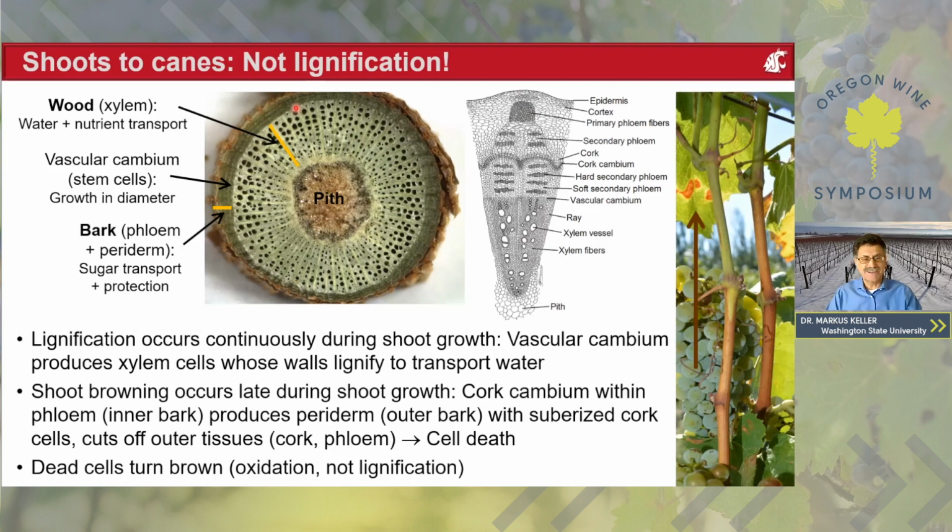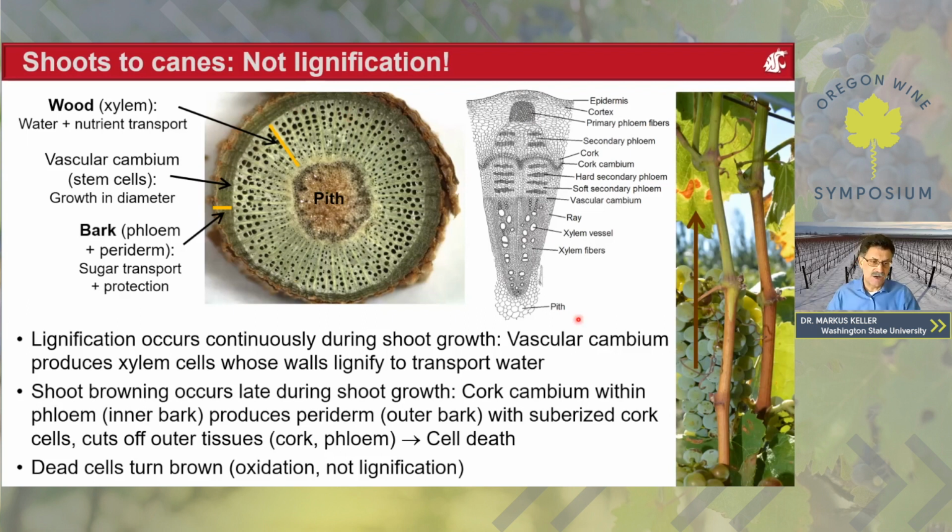So lignified xylem cells are dead cells that transport water. That means the lignification process starts very early, right after bud break, and it continues as the shoot produces more xylem cells. It has nothing to do with shoot browning.